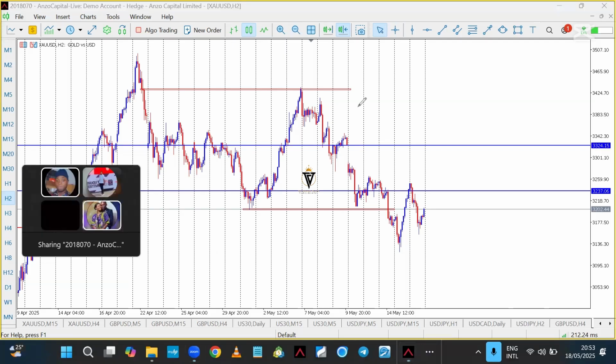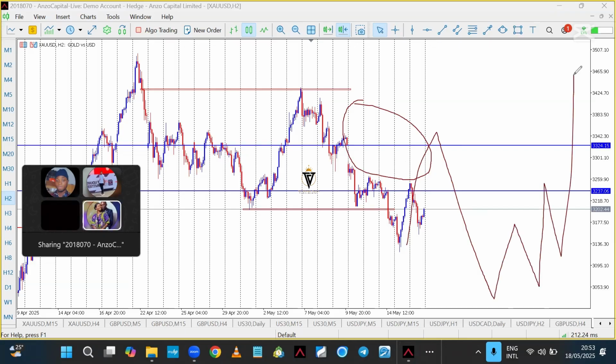I'll be looking out for sales within this space. I'm expecting gold to come up like this before it does something like this to the upside. Looking out for a sell here.